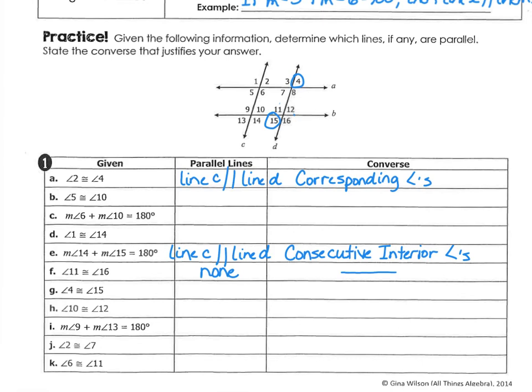So the transversal for those two angles is line D. Those are alternate exterior angles, so that is enough for us to conclude that line A is parallel to line B. And our converse this time is alternate exterior angles.